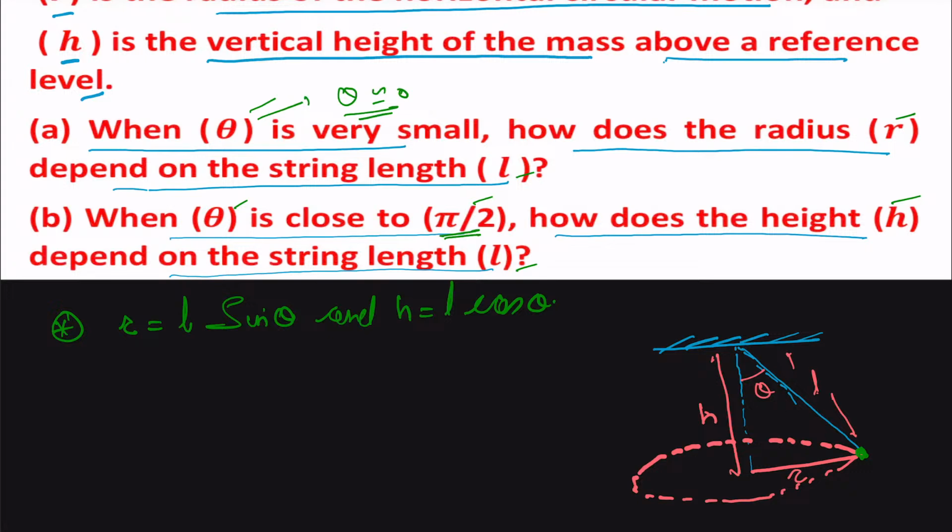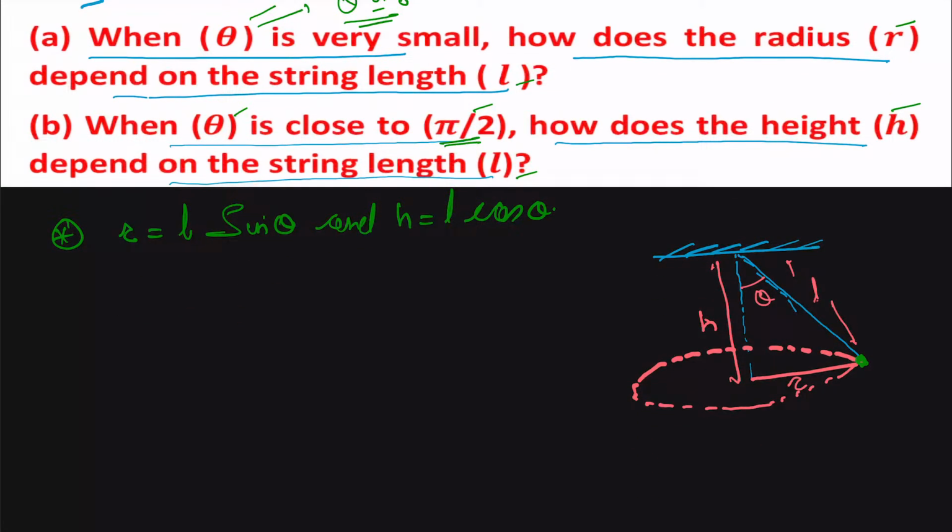And first of all, we are going to find out the relationship between various forces acting on it. For that, we have a tension T on the string, and with the vertical it is making an angle of theta. So the other angle will also be theta.